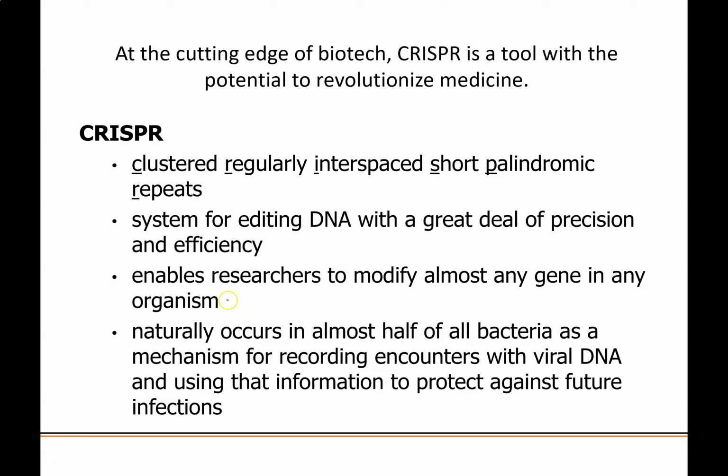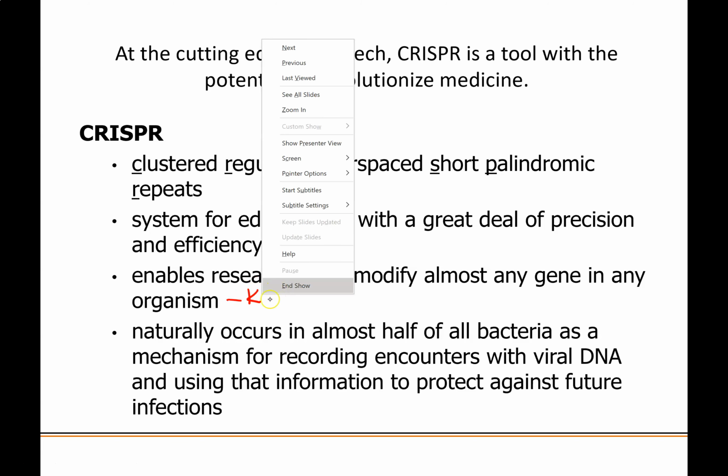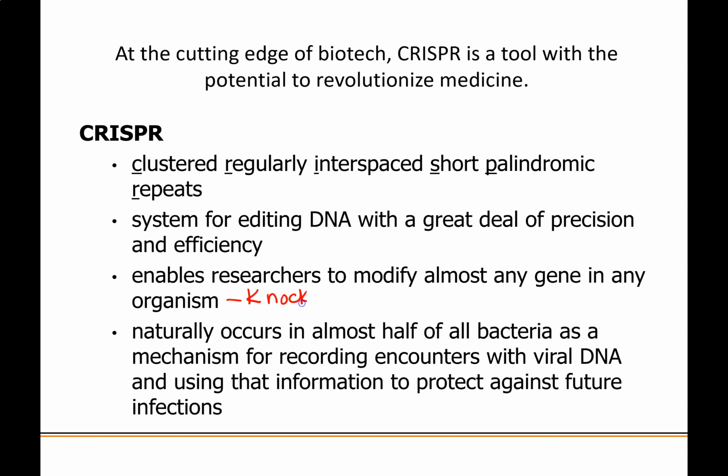Now, this could be for knockout purposes. So knockouts are genes that have been inactivated, and usually you would do this to figure out what that gene does. So there are different ways you can knock out genes. CRISPR is not the only way. Essentially, you introduce a mutation into a gene, and then you look at those mutant organisms and see what happens.